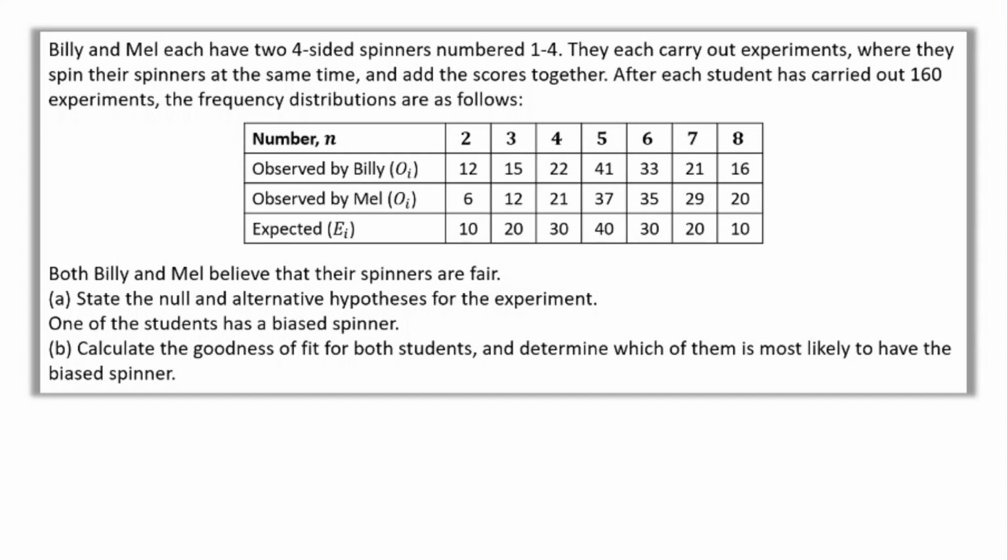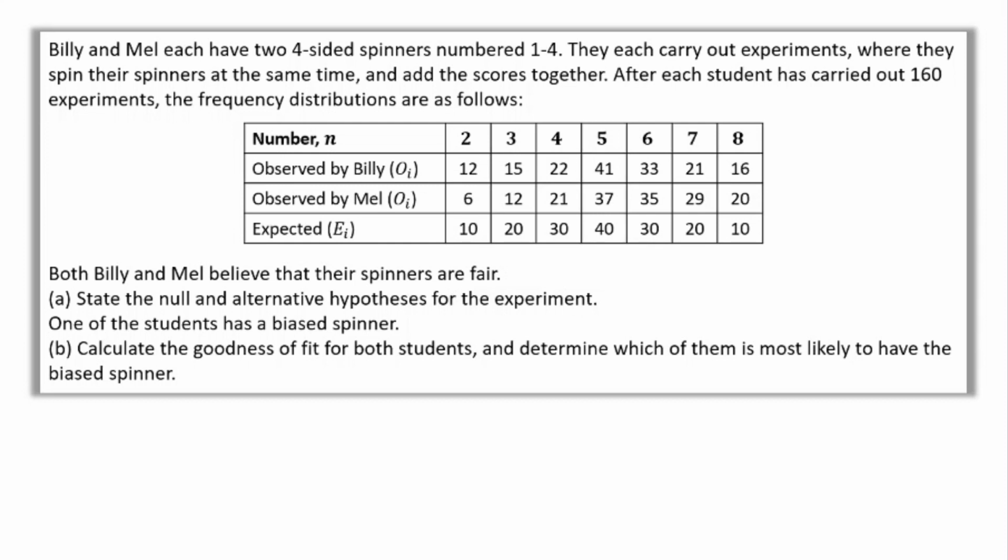Okay, before we even get into this, remember that the optimal result from a chi-squared distribution is 0. So the smaller the number, the closer it is to 0, the more likely it is to fit the distribution that has been suggested. The larger the number, the less likely it is to fit the distribution.